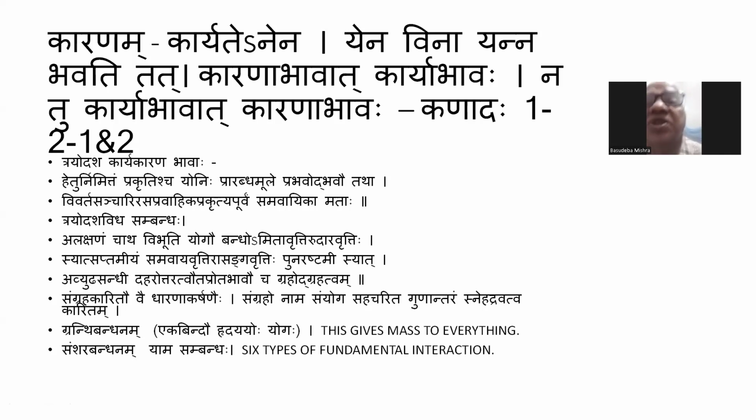That is called nimitta karanam. So all three karanas must be present for something to materialize. If one is missing, the cause cannot be transformed into effect. For this reason, there are also 13 types of interactions.